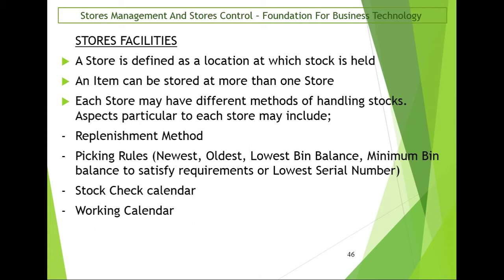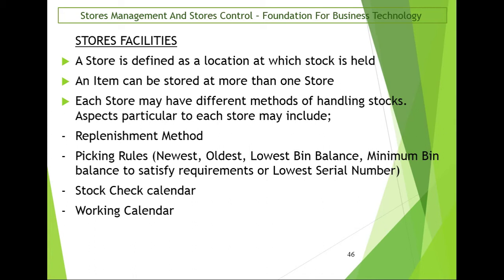So if you have got only one stores facility, then you are having a single store system. But if you've got more than one store facility, then you are having a multi-store system. And in a multi-store system, you need to define the relationships between those different stores.